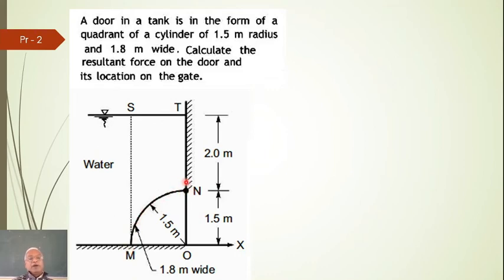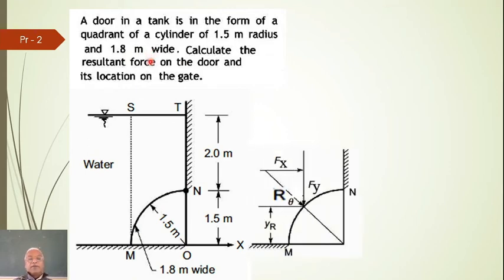Okay, now as usual, if you stand here and try to see, it looks like a rectangle with height as 1.5 meter and the length for which it is there, it is given that it is 1.8 meters. Okay, now I'll try to draw that, complete that sketch here itself.